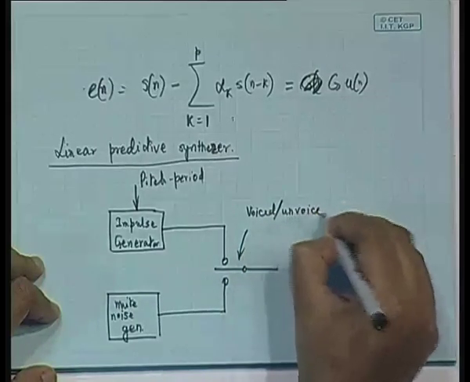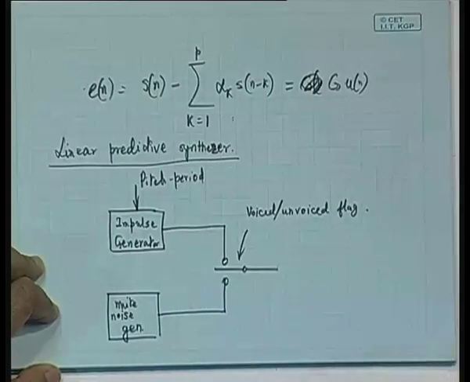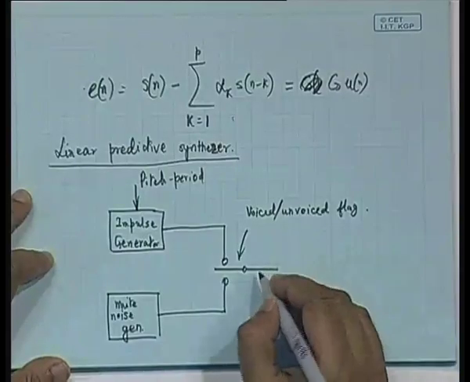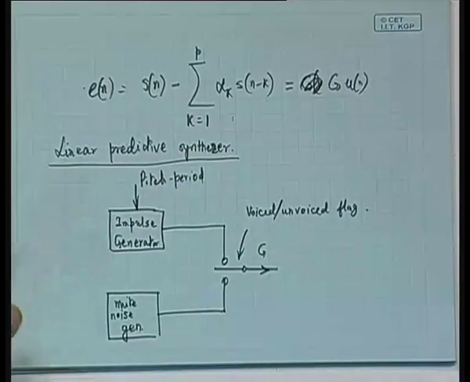Remember that from our linear predictive analysis system, we are also giving the voiced unvoiced flag. First is the pitch period estimation, then the voiced unvoiced flag is provided, and then there will be a gain parameter G, which will basically dictate the amplitude of the speech signal, so that in the synthesis process also the same amplitude can be used.